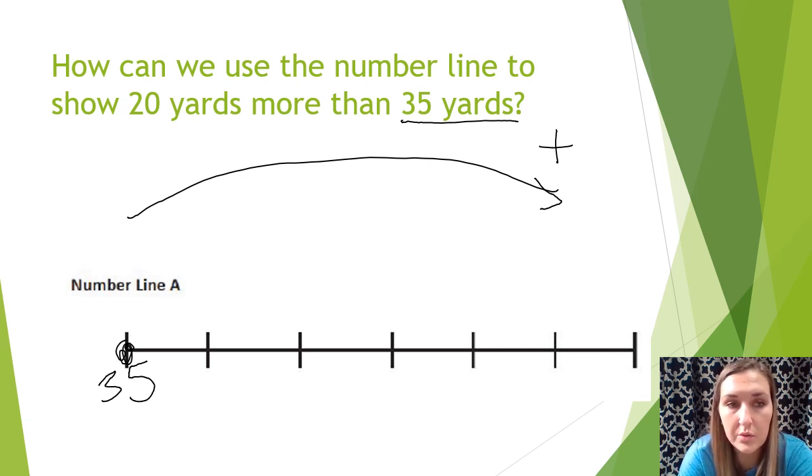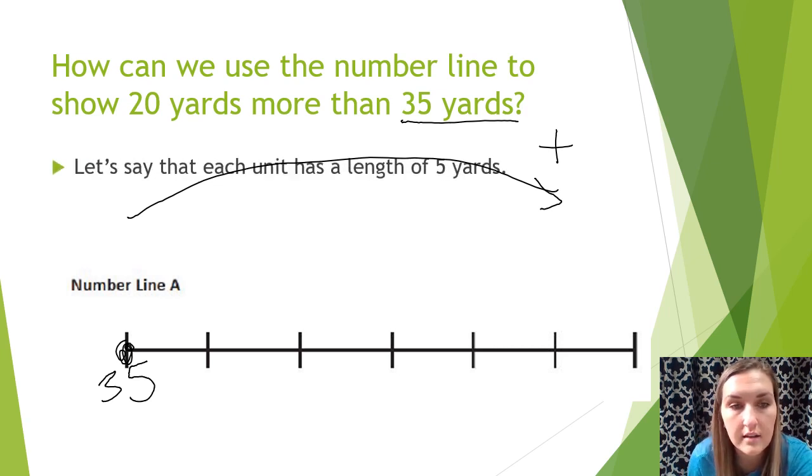Now, to count 20 yards more, we have to understand what the unit length is. That means what we're counting by. So does this count by ones, fives, or tens? Let's say that each unit has a length of 5 yards. So this number line is counting by fives. Let's count 20 more, skip counting by fives.